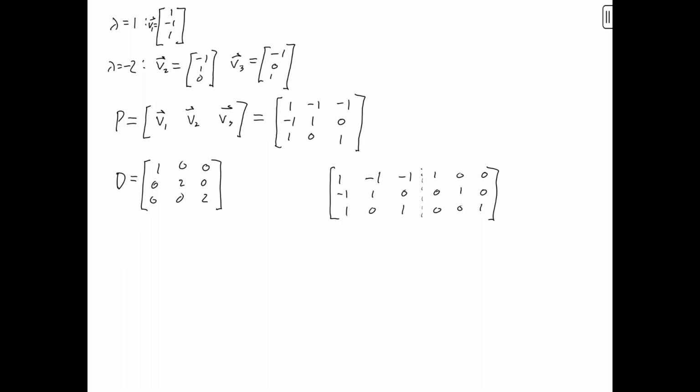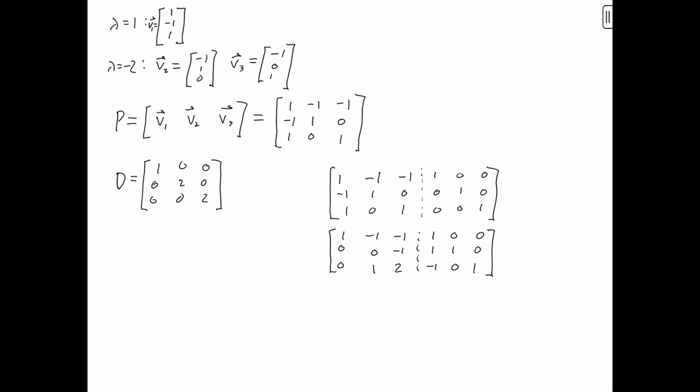So to row reduce this, adding the first row to the second row gives me 0, 0, -1, 1, 1, 0. And adding -1 times the first row to the third row gives me 0, 1, 2, -1, 0, 1.